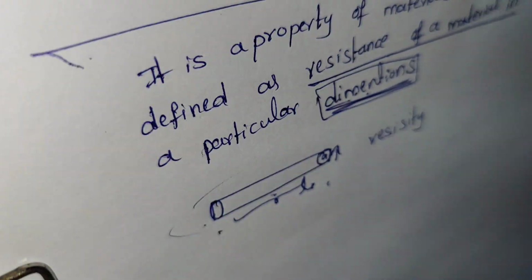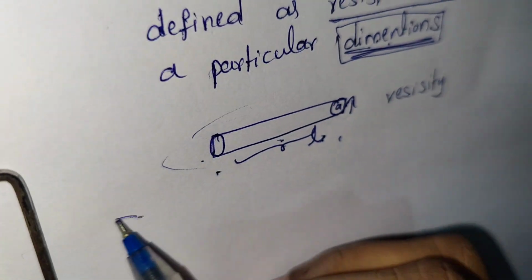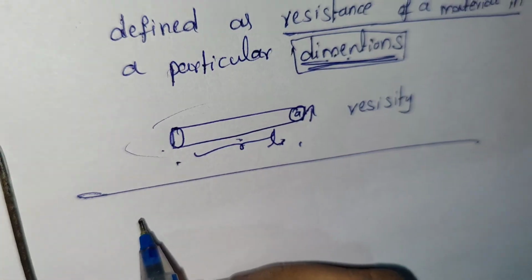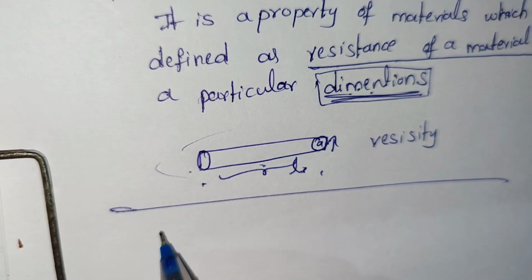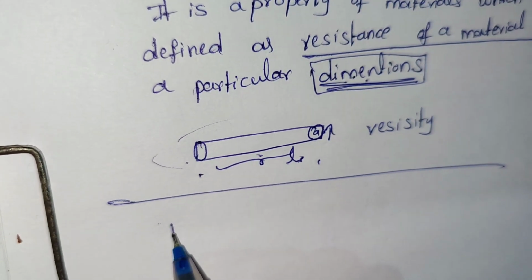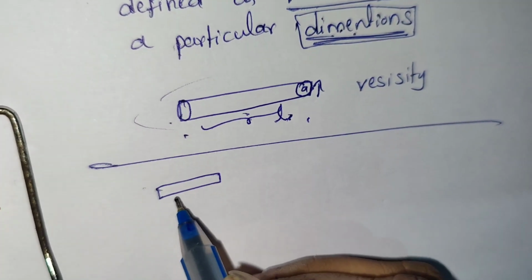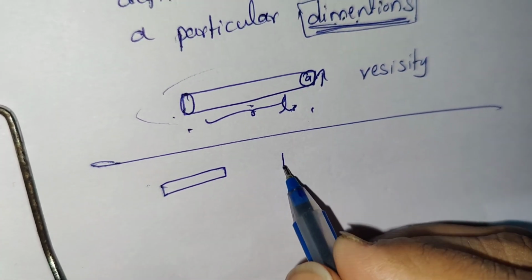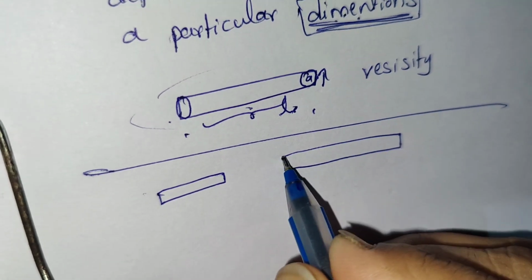That is a property of material. Then the important thing you have to remember: consider this is a wire that is a little short, and this is a wire that is long.